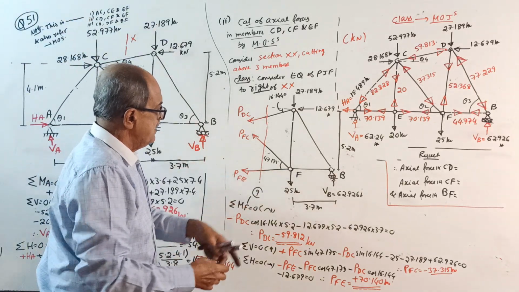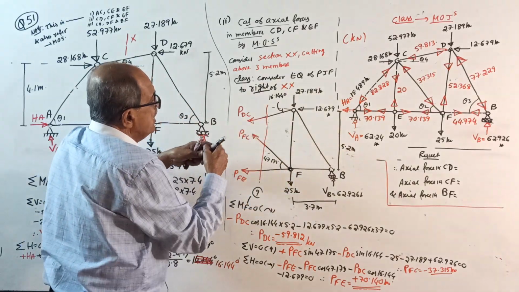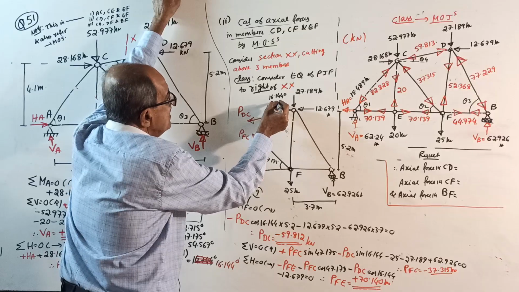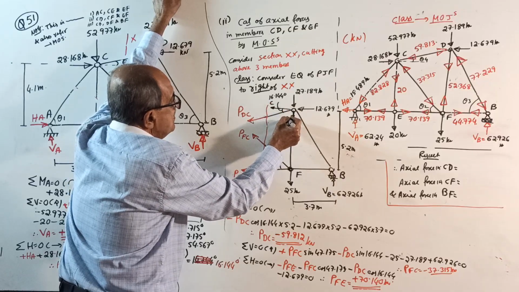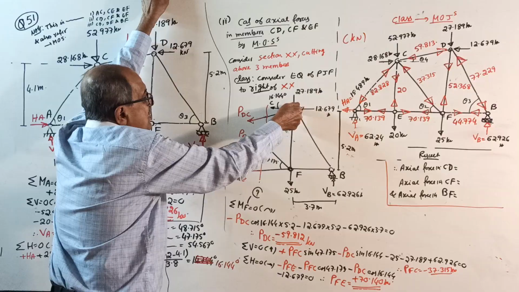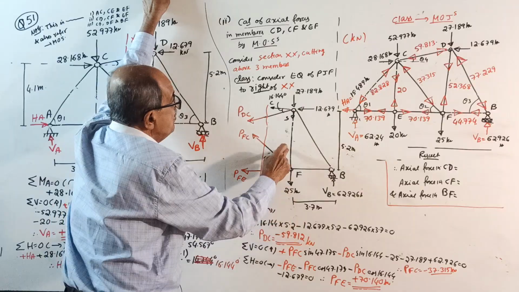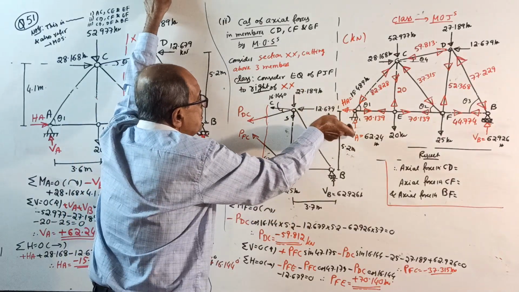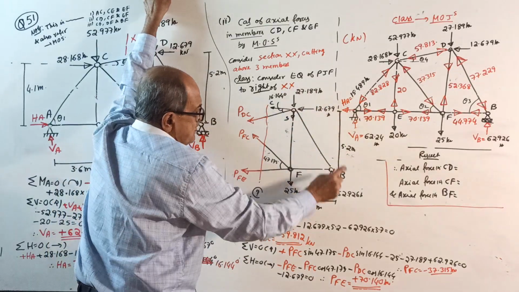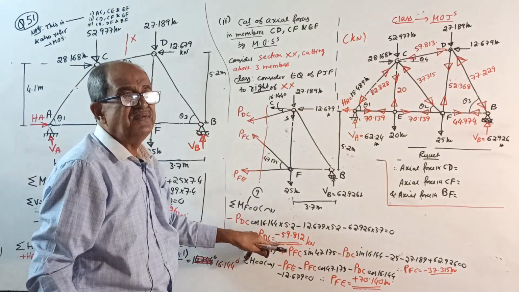Okay, take moment about F. Why moment about F? Two unknowns are meeting. This force has a horizontal component with cos and a vertical component with sin. So when you take moment, minus horizontal component into 5.2, vertical component into 0, this also into 0, minus 12.679 into 5.2, then minus 62.926 into 3.7 equal to 0, you get the value of PDC.